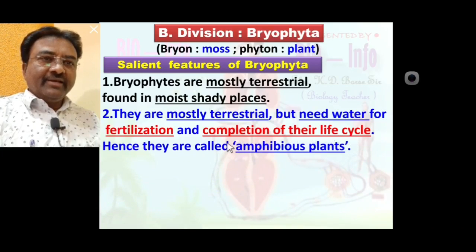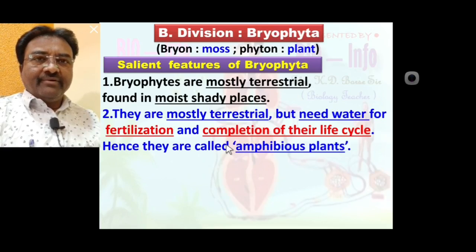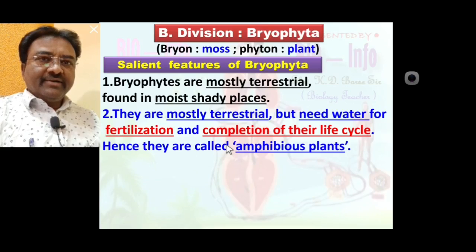You know amphibia, an animal group. Best example, frog lives on water as well as land, meaning water is essential for fertilization. Here also the plant group Bryophyta are amphibian plants because water is needed for fertilization and completion of their life cycle.